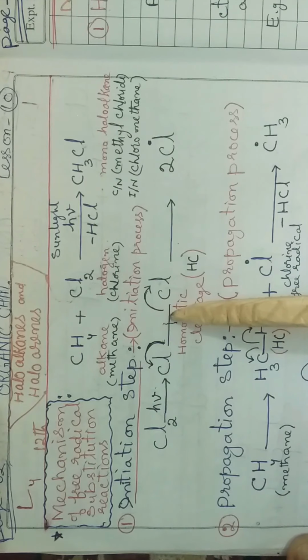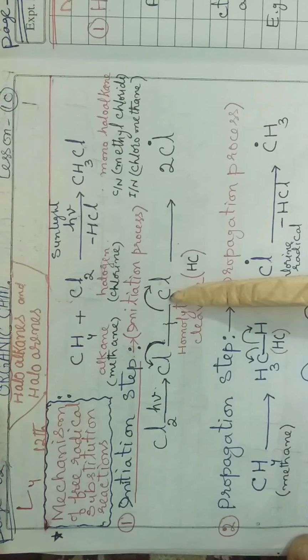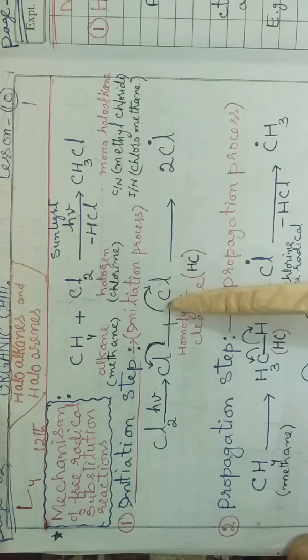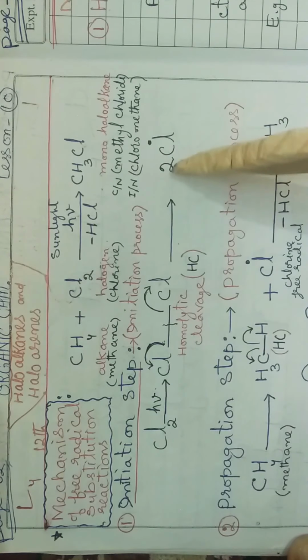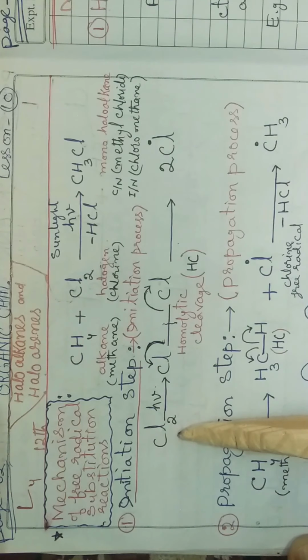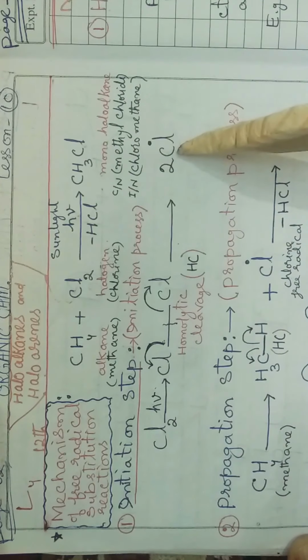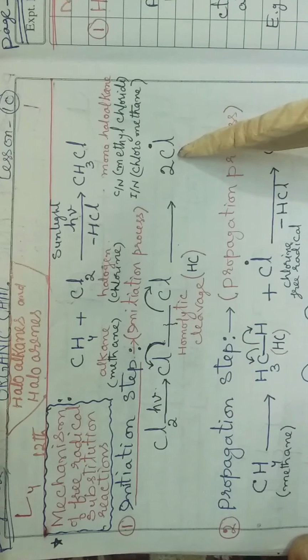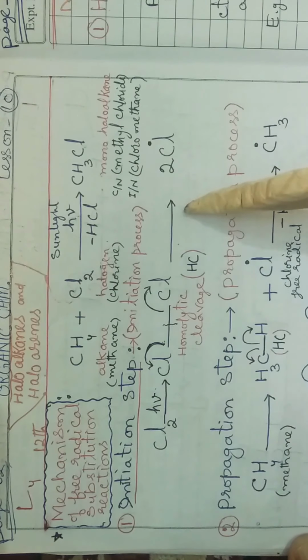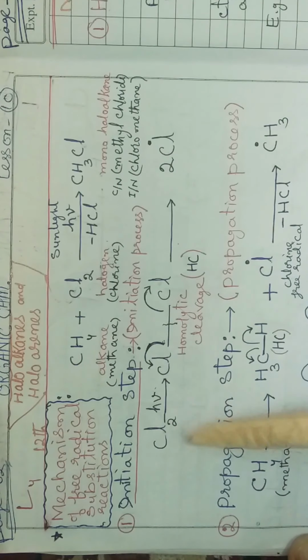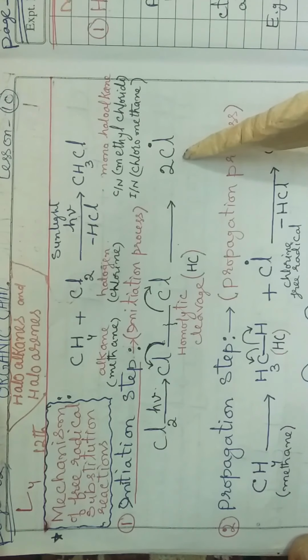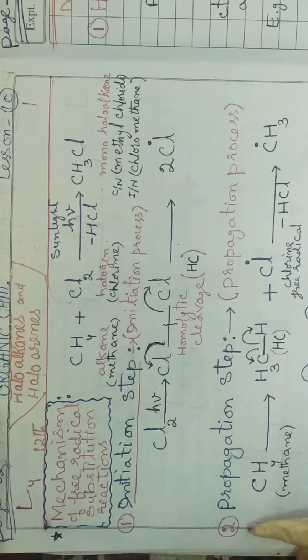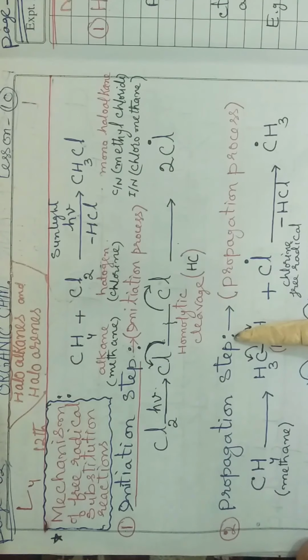Each chlorine atom gets its electron from the shared pair of electrons and becomes a free radical. So two chlorine free radicals are produced in this initiation step. Now the reaction starts.